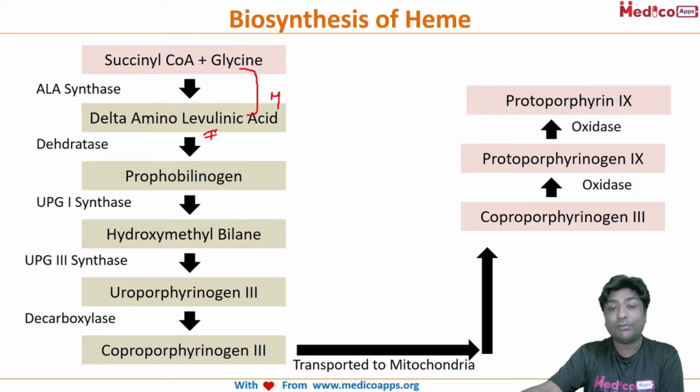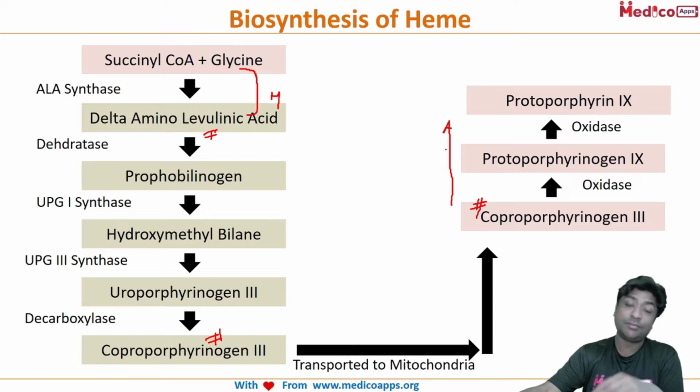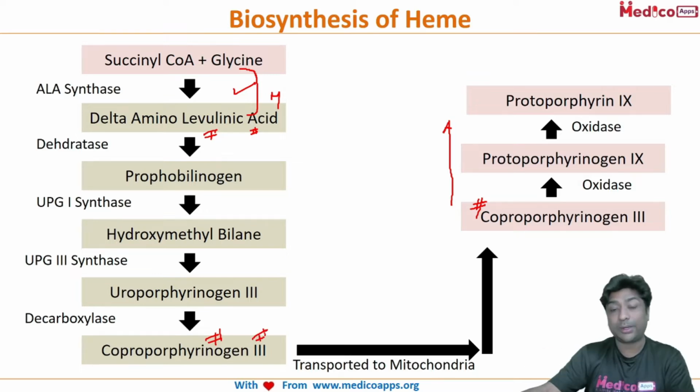Then this delta aminolevulinic acid comes out of the mitochondria, and once CpG is formed, it is again transported back to mitochondria. The first step and the last three steps take place in mitochondria.